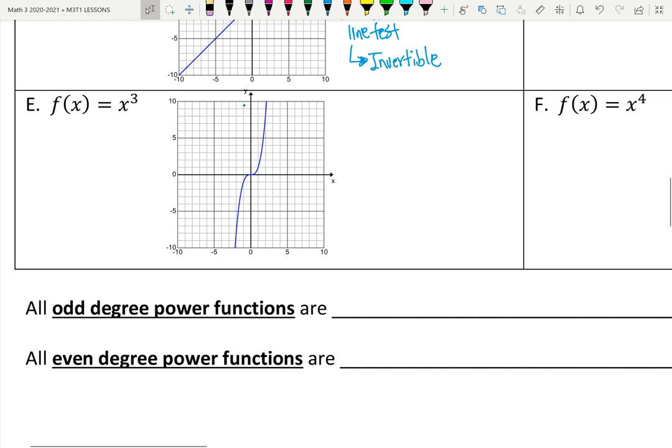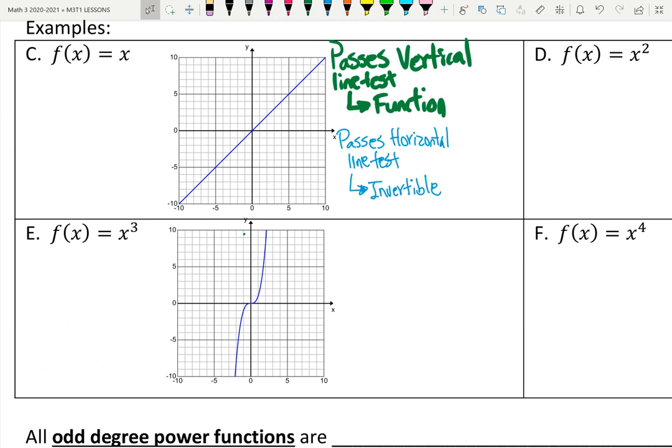This next guy, I notice that it passes the vertical line test. Some students make the mistake of thinking that, oh, if I draw a line, it cuts through the graph multiple times, but the idea is that it goes through exactly one time.